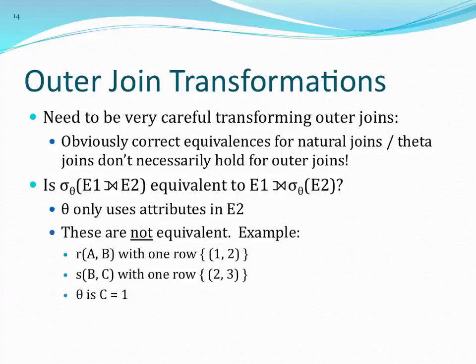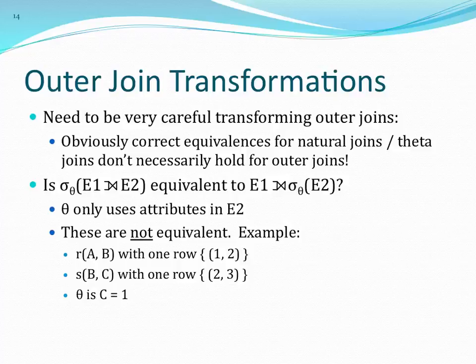Hopefully you can remember some examples. So here's an example. So let's say that we have R with A and B attributes and just one row, 1 and 2. S with B and C and one row, 2 and 3. So what is the left version going to generate as its output? E1 left outer join E2.